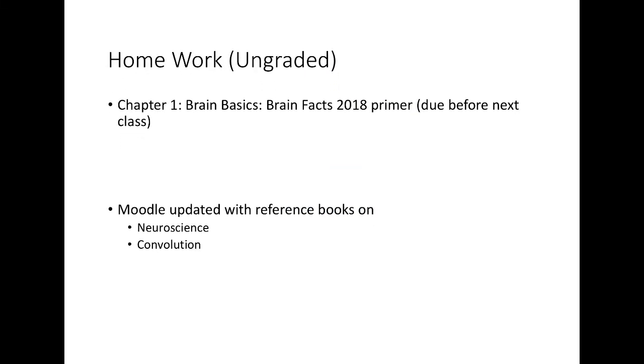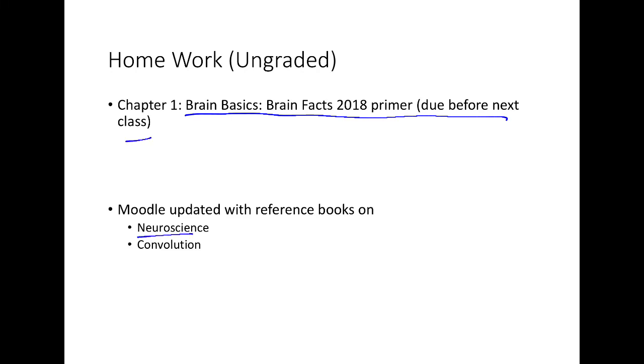Okay, so here is the ungraded homework. There is a very nice primer, the Brain Facts 2018 primer. You can read it in full, but for now just do chapter 1. It's a 70-page document. It gives a very high-level introduction to various issues on the neuroscience side. It has about 10-12 chapters, so just go through chapter 1 for now. I've also given a reference on neuroscience.